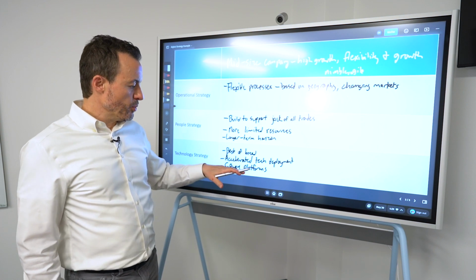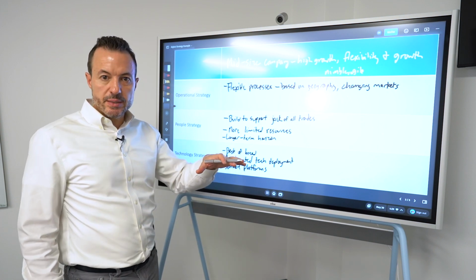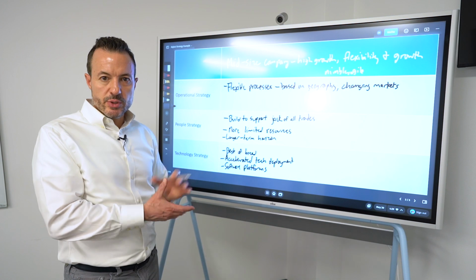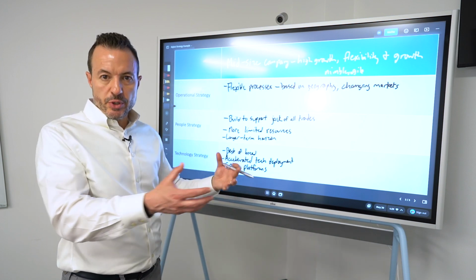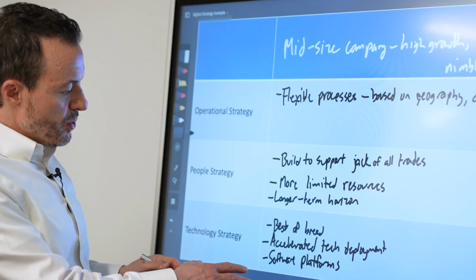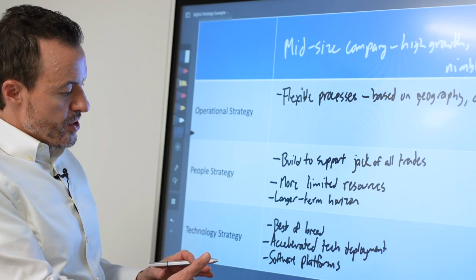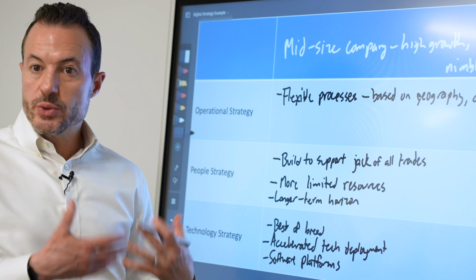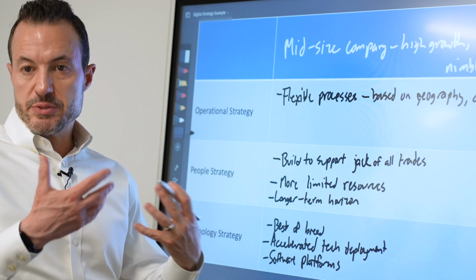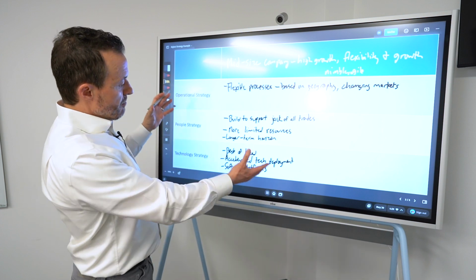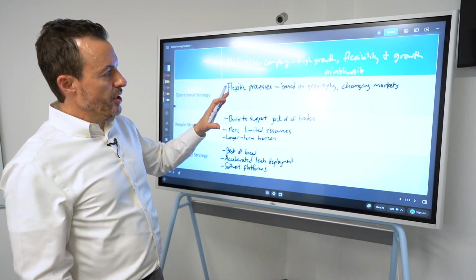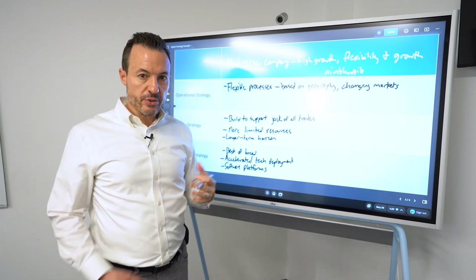So if we deploy a software platform like Force.com, which is the Salesforce platform, or Microsoft D365, which is the Microsoft platform that you can build third-party applications on, it might be that we deploy those platforms as a way for us to build our own capabilities and our own competitive advantages and provide our own flexibility with the technology we deploy. So you can see that the strategic variables here are a lot different than other examples that might involve bigger or smaller companies.